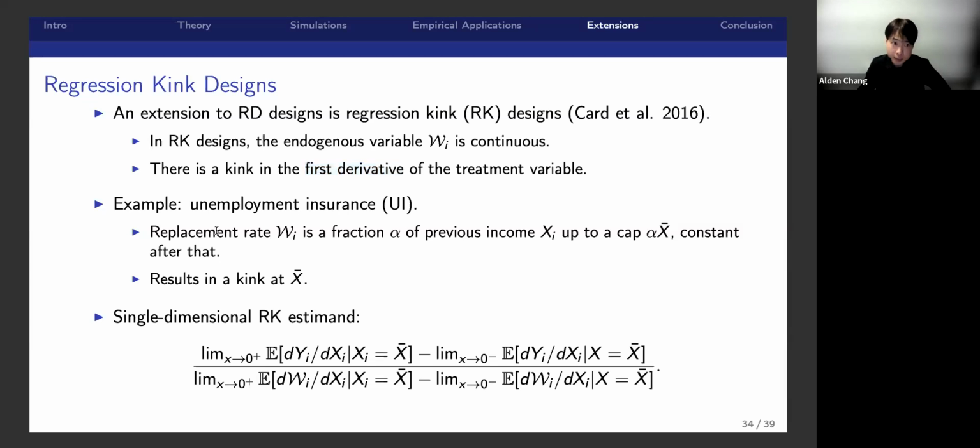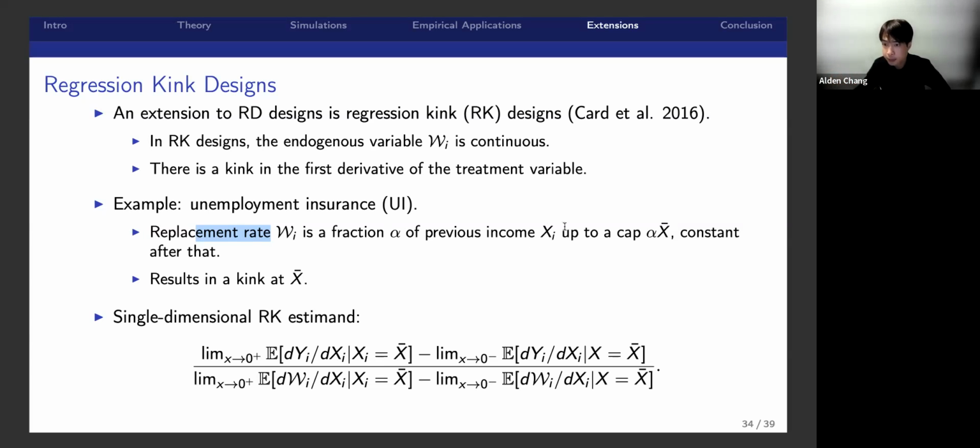So a typical example is unemployment insurance. In many cases in the US, for example in Louisiana, the replacement rate, or basically how much the UI benefits, Wi, is a fraction of previous income. So let's assume alpha times previous income X. But this only increases linearly up to a cap.